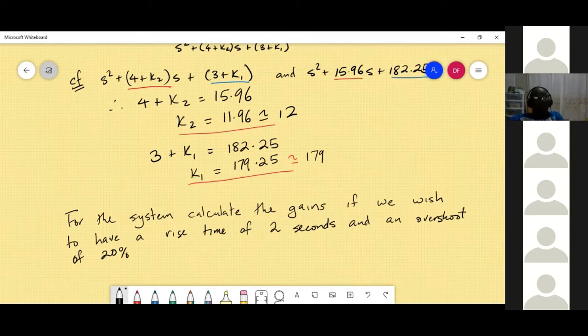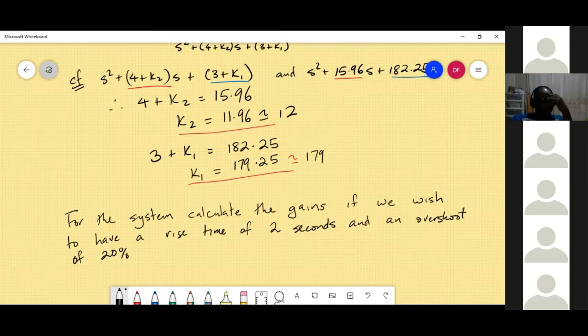Now, the seconds that we have here depend on the industry. Like with the bauxite industry, the rise time is usually of the order of 10 to 15 minutes, the time it takes the temperature to reach 1100 degrees.